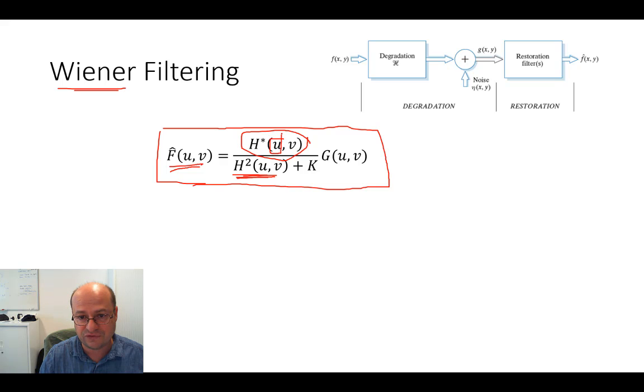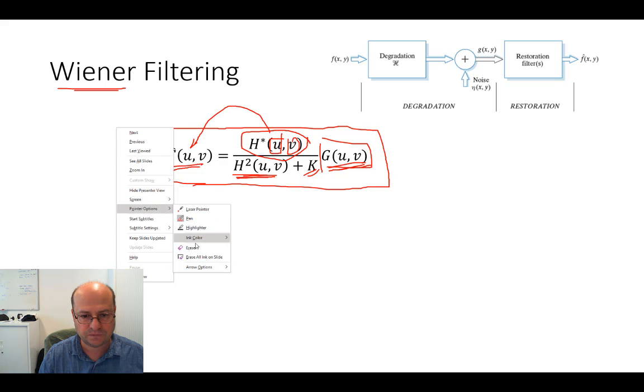This is all in the frequency domain, plus a term k that is derived from the statistics of the image, multiplied by your degraded image, right? If you apply this, you're gonna get a very nice reconstructed image.